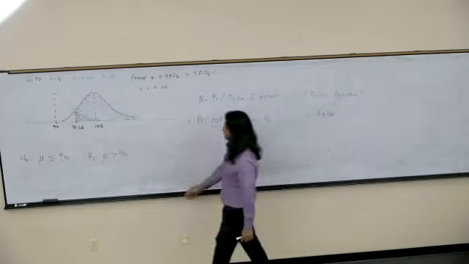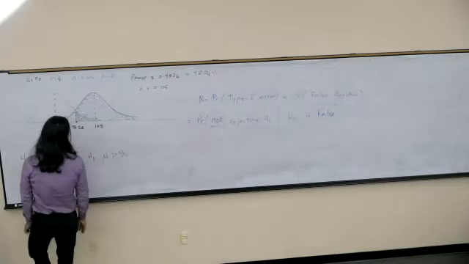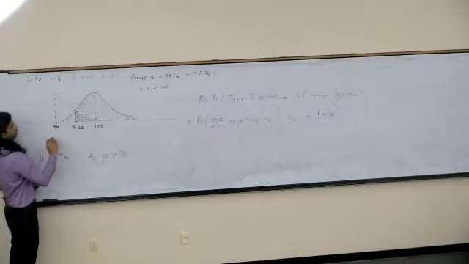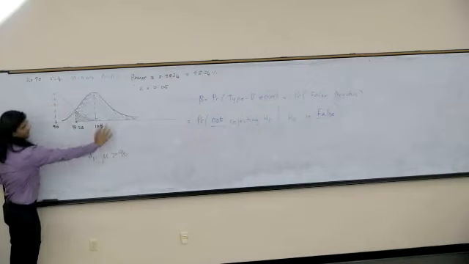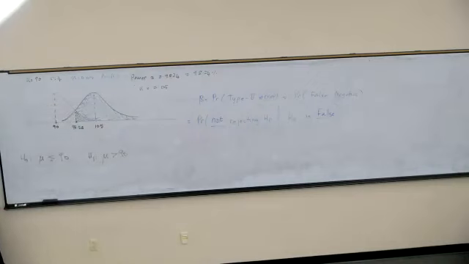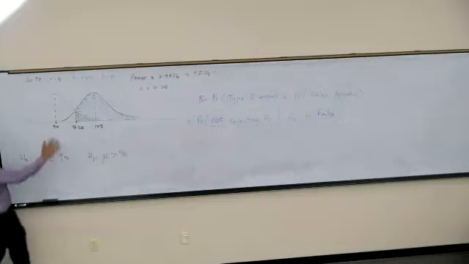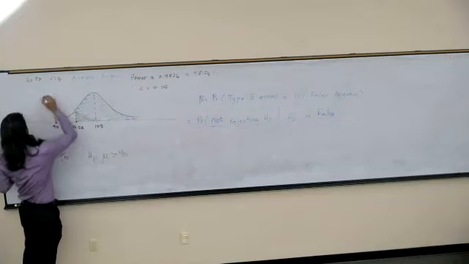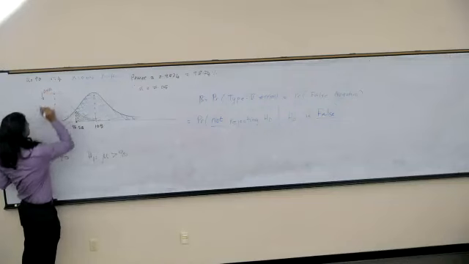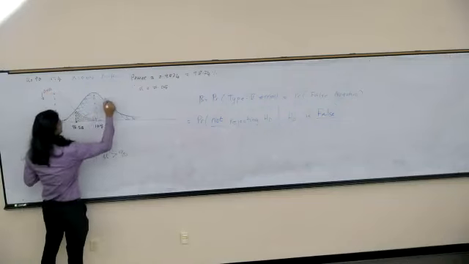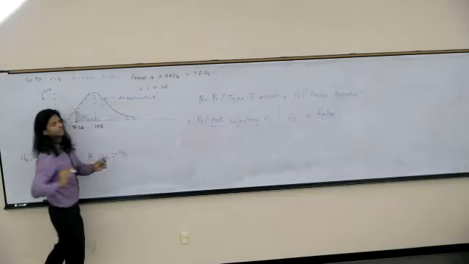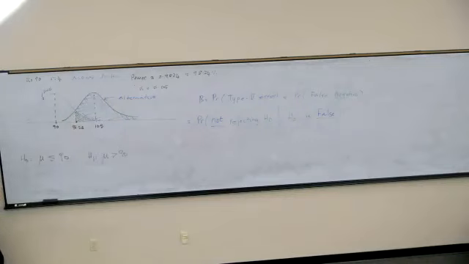How do we find that probability? Of the two, which is the null distribution? This one or that one? The one on the left. Okay. Good. Great.